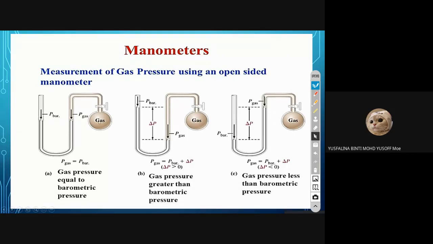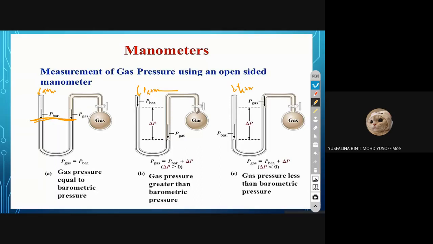So at this time the pressure of the gas is equal to the pressure of the atmosphere. There is atmospheric pressure here, and this one also has atmospheric pressure. Both pressures are the same because the length of the mercury is the same.